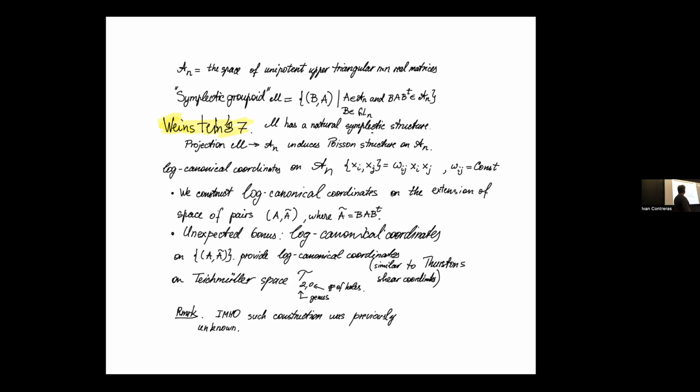Now, the collection of pairs here, as we see, has a natural symplectic structure, but we can consider the projection from the pair to objects. The symplectic structure disappears, but this projection induces a Poisson structure on the space of upper triangular matrices.